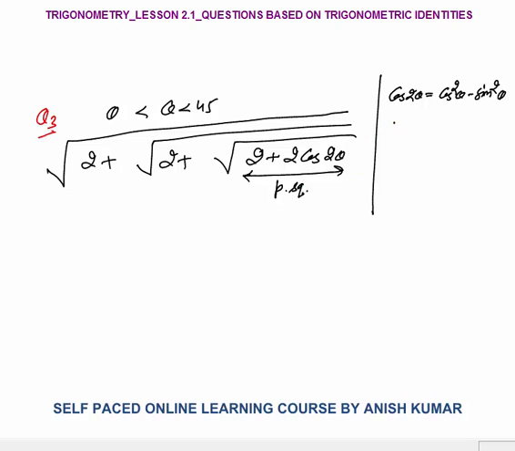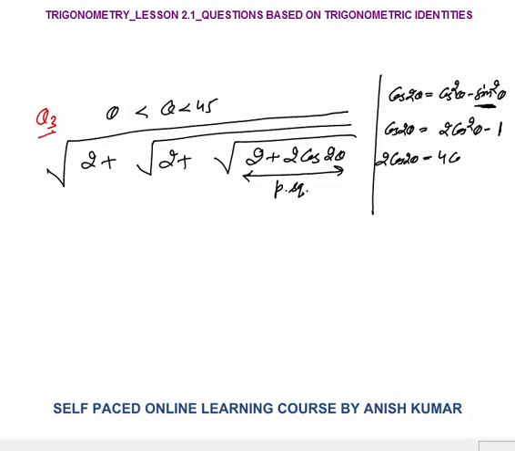Now cos 2 theta, can I say if you put sin square theta as 1 minus cos square theta, you will get 2 cos square theta minus 1. Now if you put the value of this, we have 2 cos 2 theta. So 2 cos 2 theta would be how much? Multiply both sides by 2.